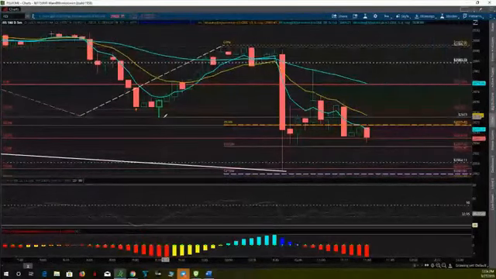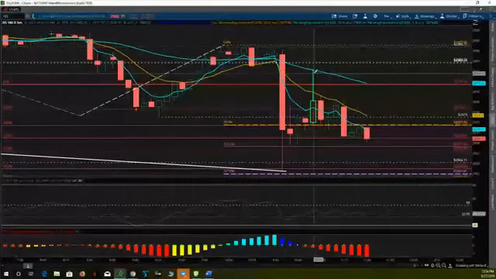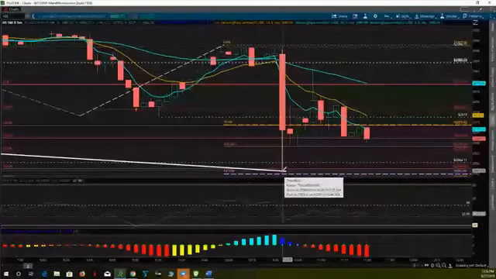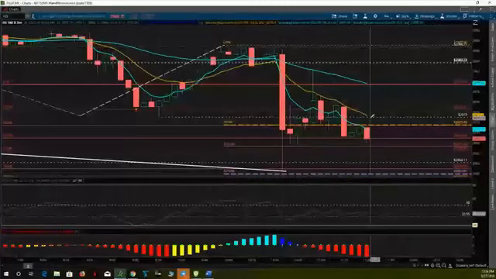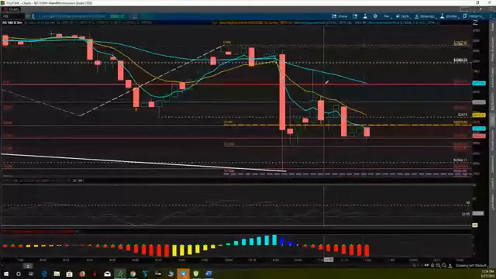We came down below it, we bottomed, we came up. If we do not take this, 3 ticks, a 4th time, 29.73.